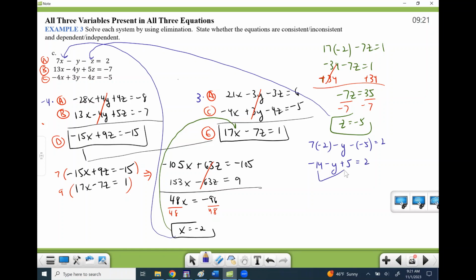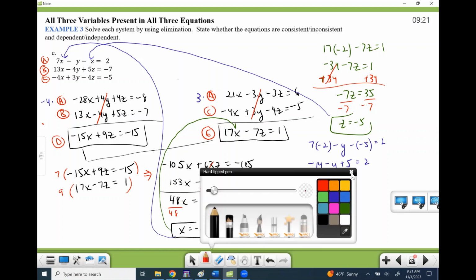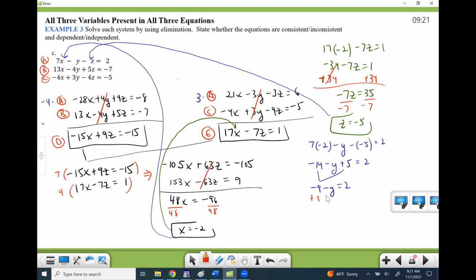So 14 take away, negative 14 plus 5 is negative 9. So we're going to go ahead and add 9 to both sides. So we get, let's see, negative y equals 11.